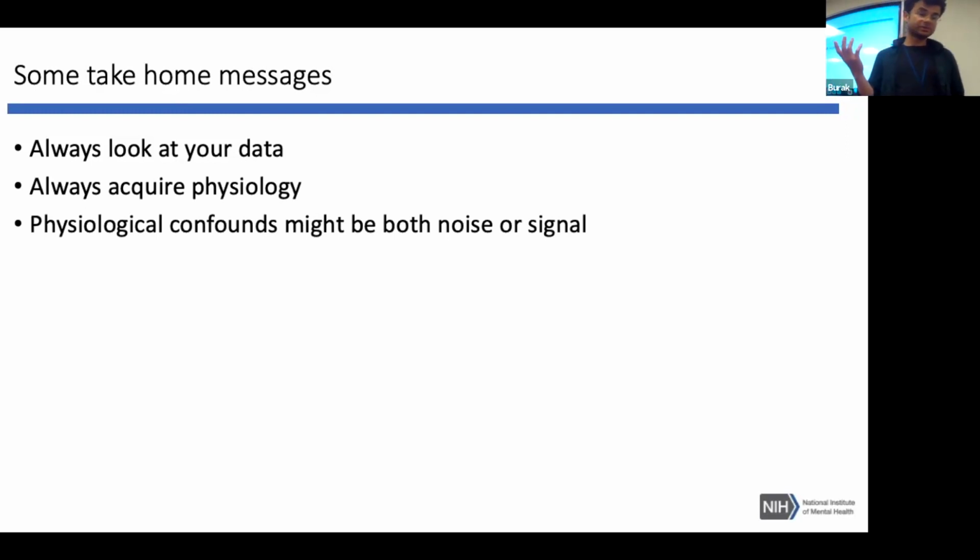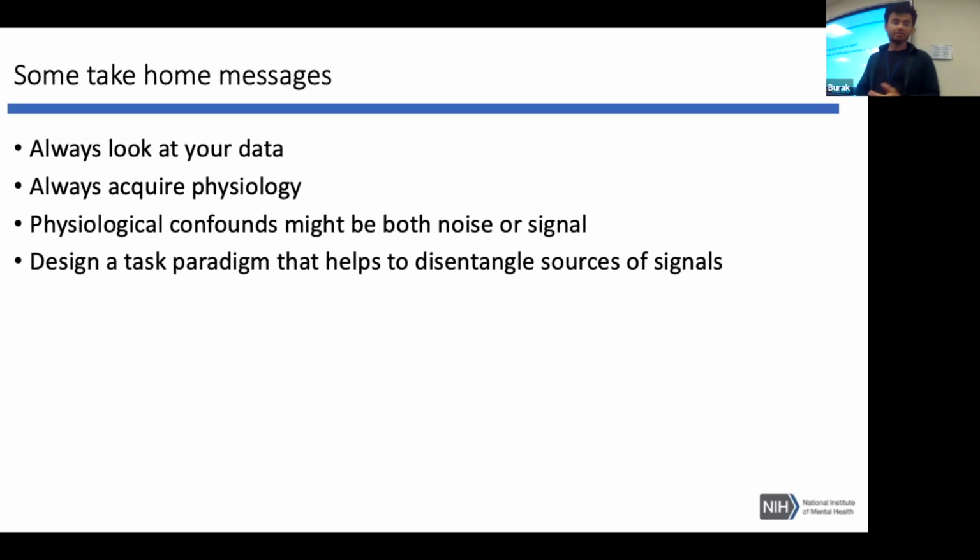As part of the question, physiological confounds might be both noise and signal. At this point, it is hard to say, or it depends on what you're studying, so take it with a grain of salt. So no answer on whether it is noise or signal. It's a confound. It's something we find. It's the nature of the measurement technique, and maybe in certain brain areas we shouldn't remove it. It's still an ongoing debate, and most powerfully, we should design a task paradigm before starting a study.